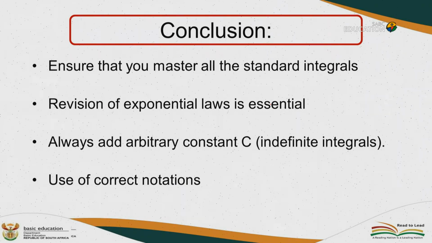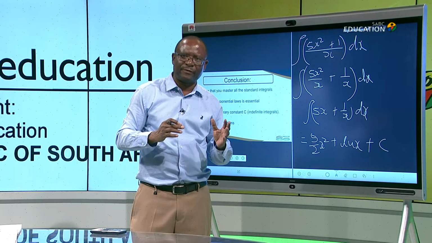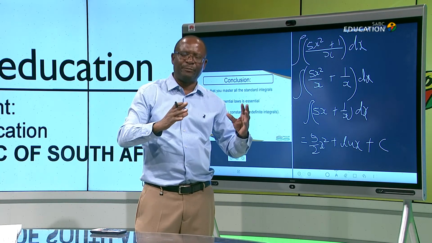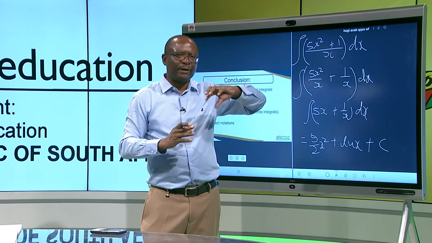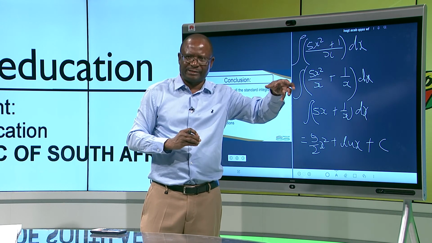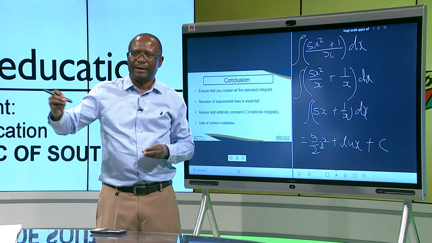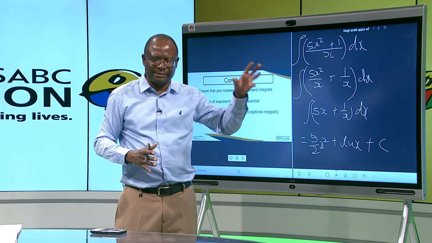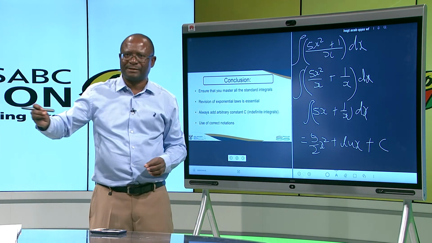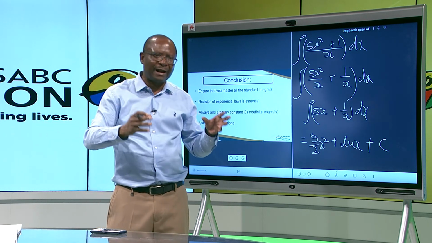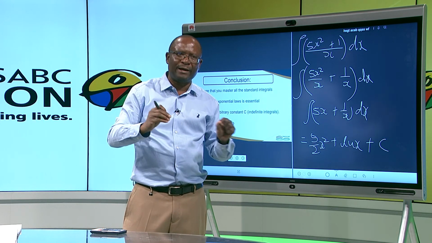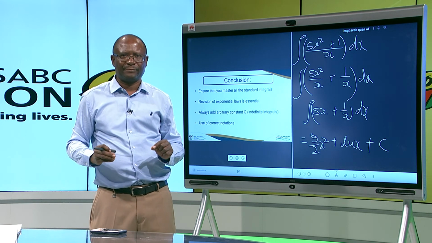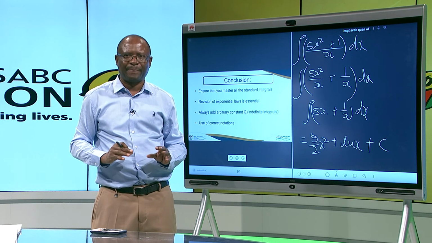Lastly, use correct notations, because at times you find that there is a mix between the notations for differentiation and the notations for integration. Know what is differentiation and know what is integration, and apply the notation where it is needed. That is the bottom line.